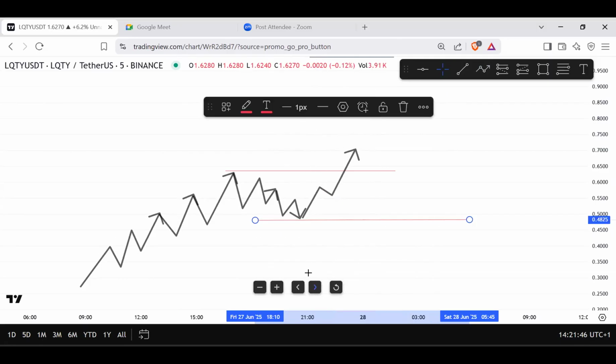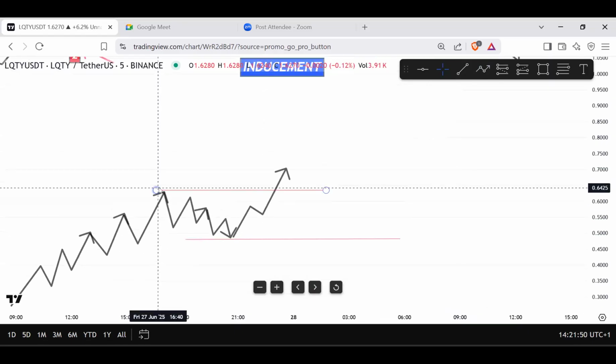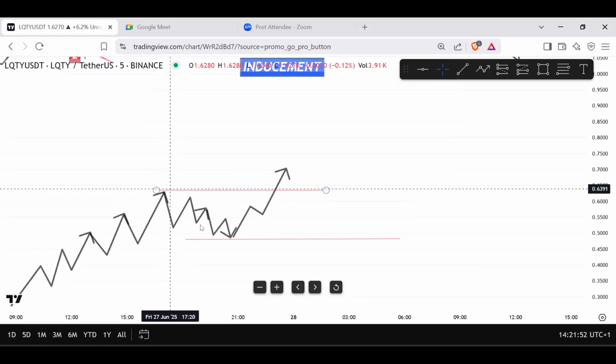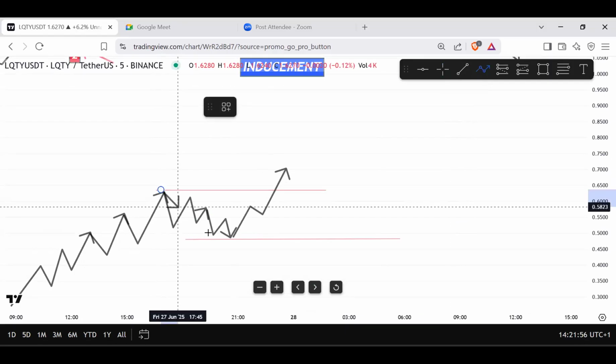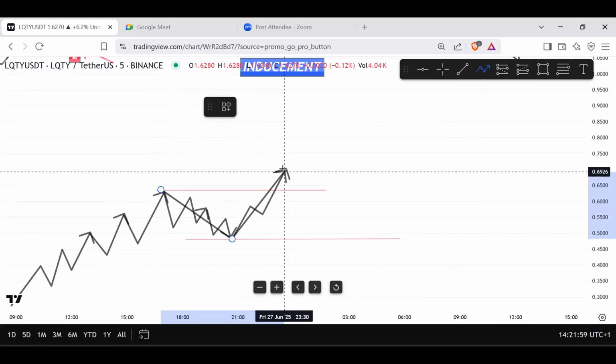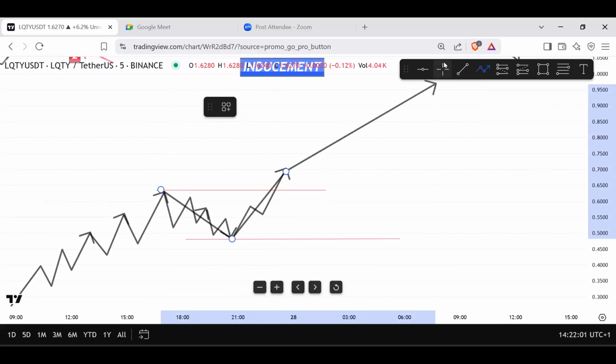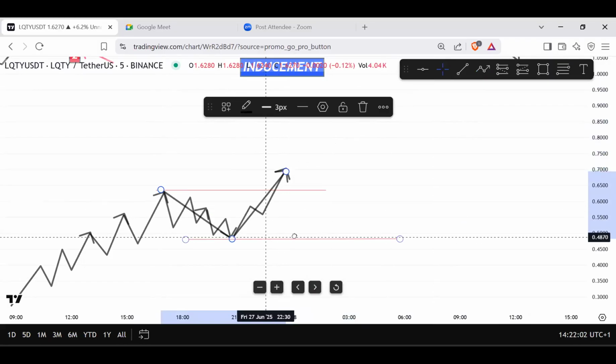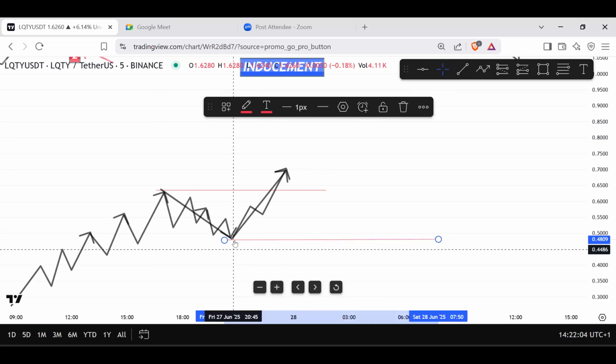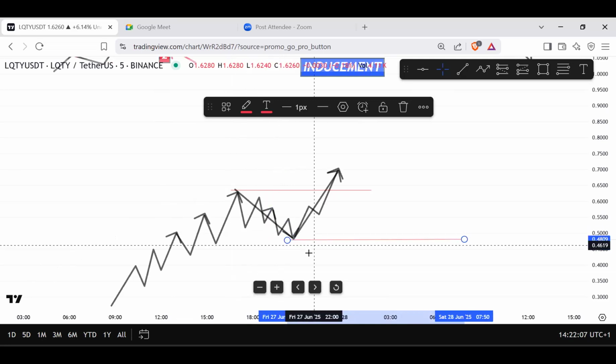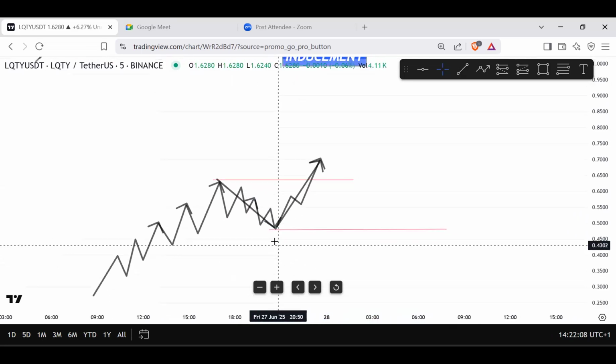Because this will now be the valid pullback like this. Correct. And this will be the last valid pullback, which is our inducement.